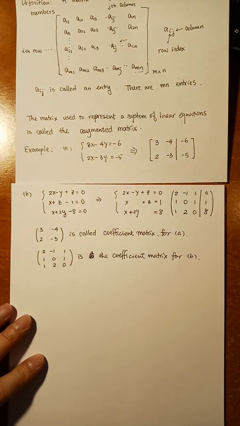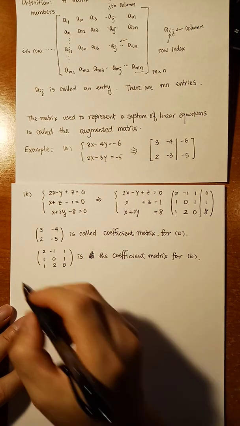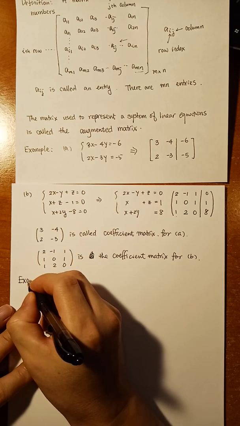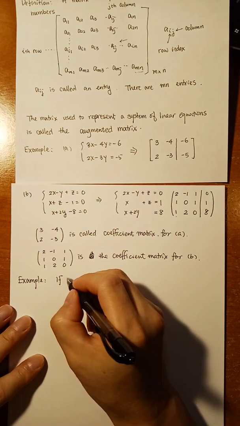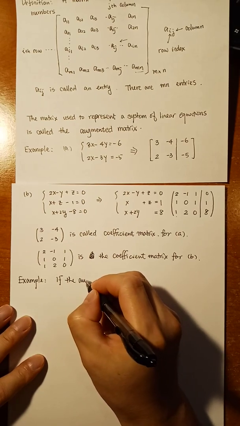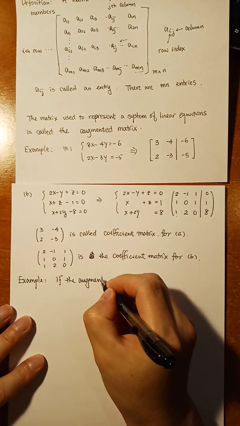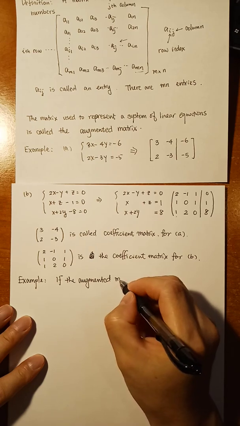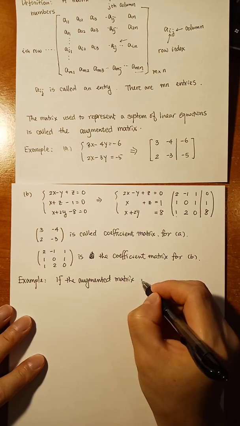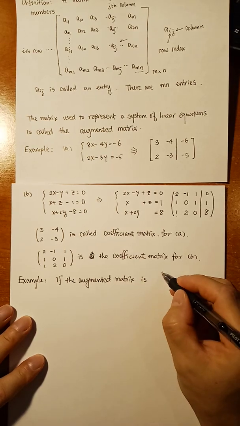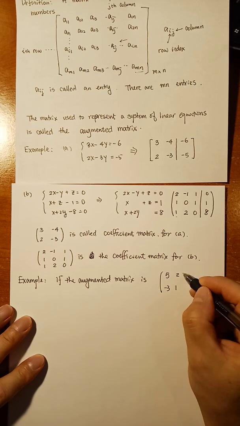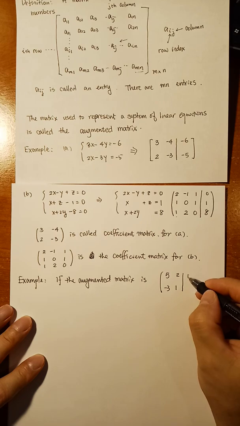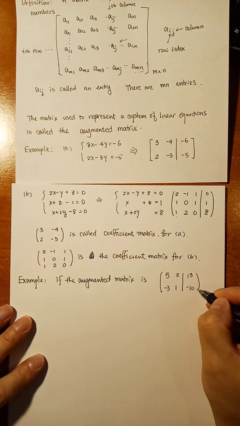All right? So for example, if the augmented matrix is, let's see, 5, 2, -3, 1, vertical segment, 13, -10.